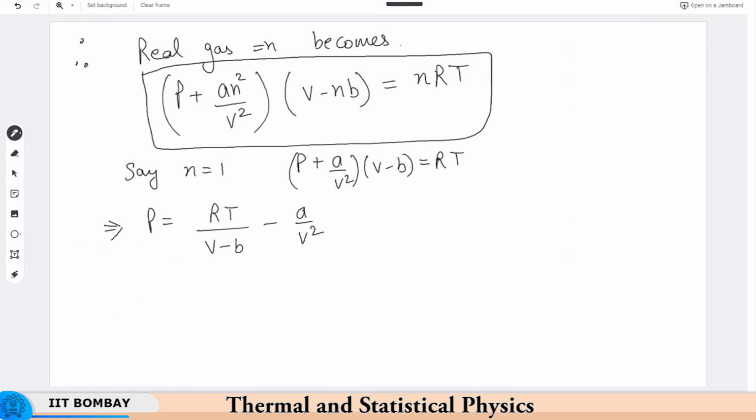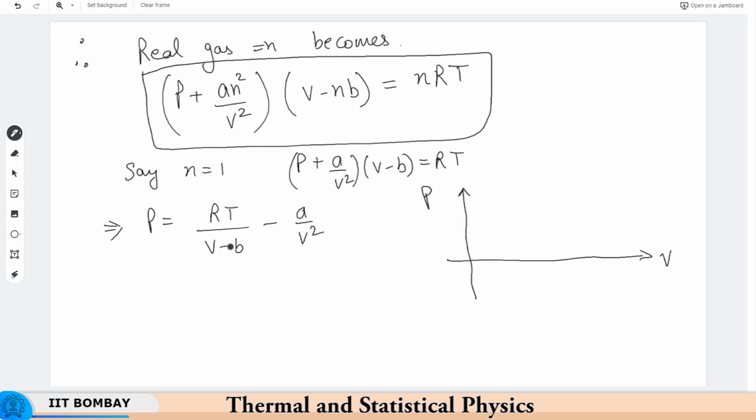So now if I plot pressure as a function of volume, this is volume, this is pressure.